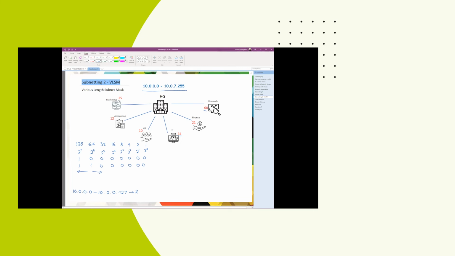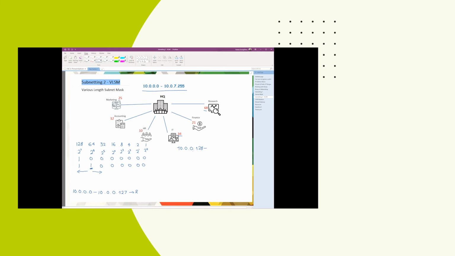This is my subnet mask. Okay, so my next range is going to be what? I left from 127, so I need to start from where? 128. Let me go here because I haven't got space. My next range is going to be 10.0.0.128. Okay, up to what number? We said 64.